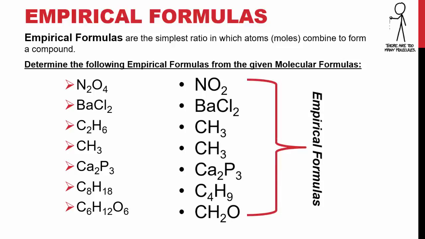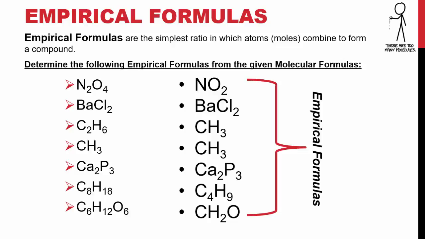So here are the empirical formulas. N2O4, you could divide by 2 and get NO2. BaCl2, which is ionic, is already in its empirical form, so it is just BaCl2. C2H6 can be simplified to CH3. CH3 is already in its simplest form, so it is still CH3.